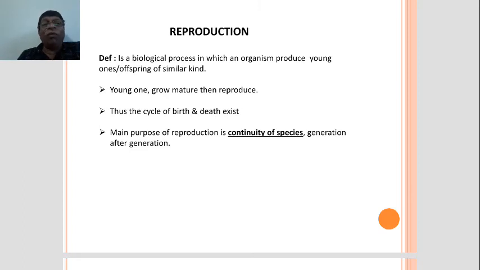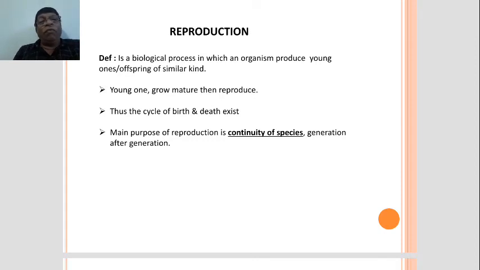This is how the cycle of birth and death exists in nature. Life cycle means from birth to death of an organism. Okay.